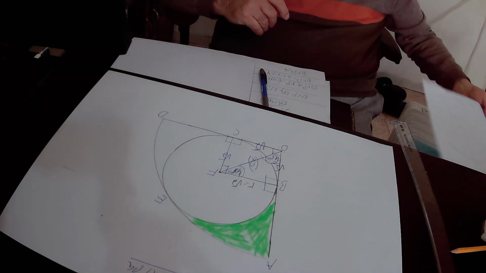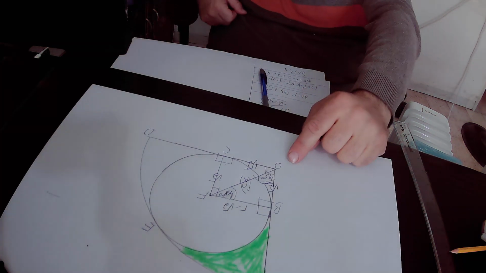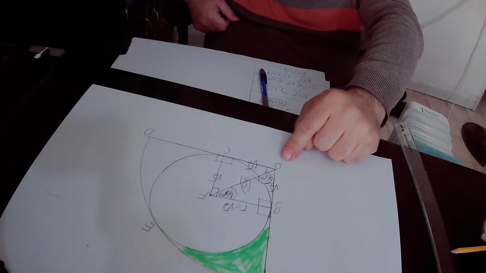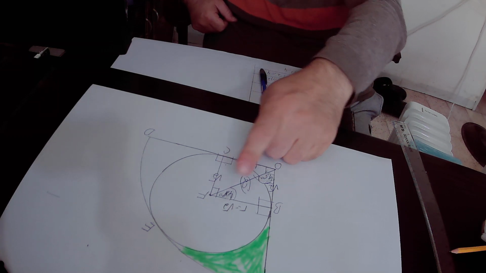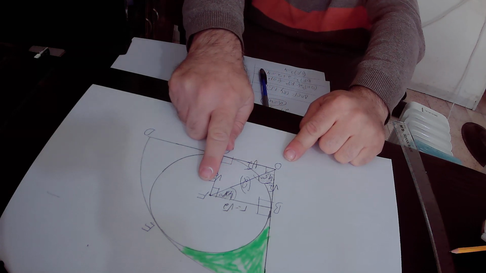Why? Because in our drawing, we know that the center of the quarter circle is at point O, and the center of this small circle is at point F. The straight line that connects their centers together is the straight line OF.